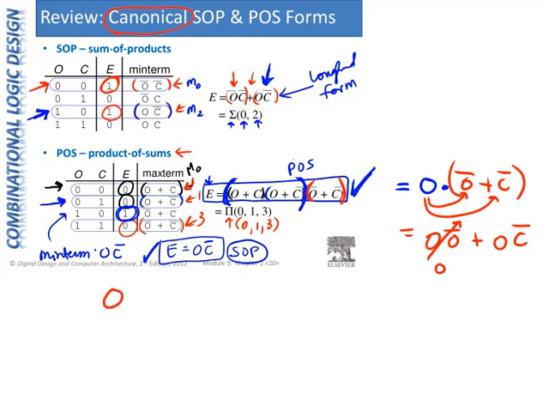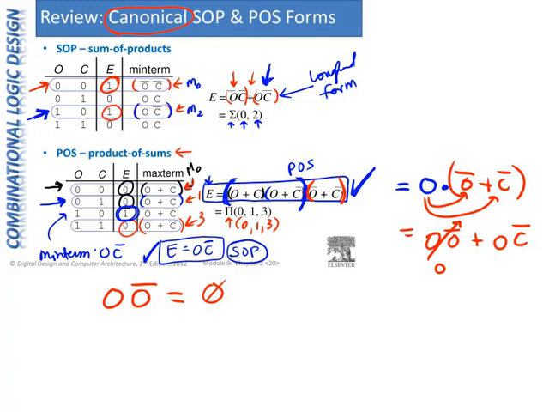The common mistake here is to say, oh, O and O bar, so a variable ANDed with its complement is 1. Well, that's definitely not true. So this is the common error, but in fact it's not equal to 1. People want to make it equal to 1. That's not right. It is equal to 0.